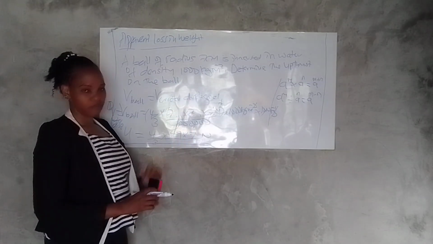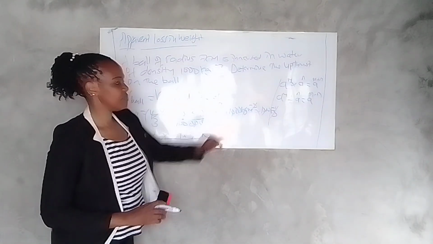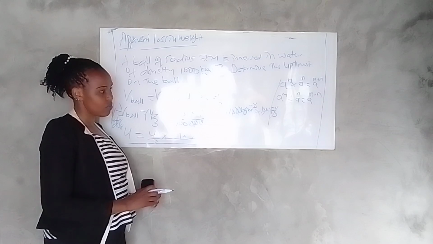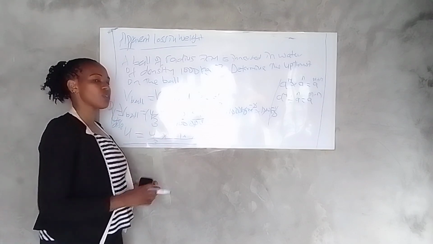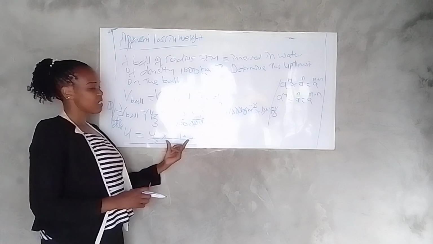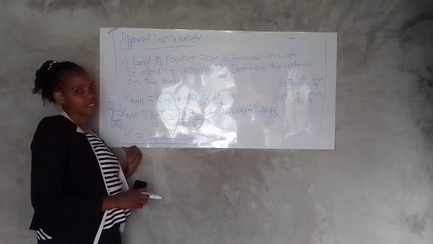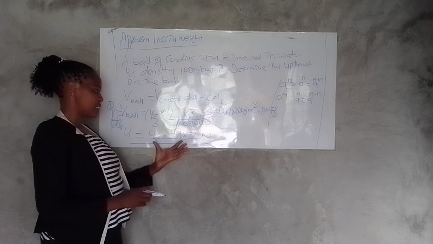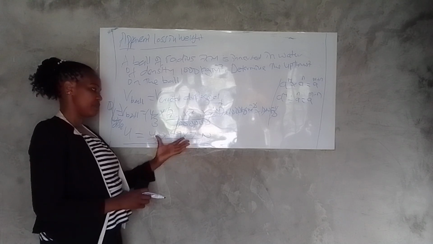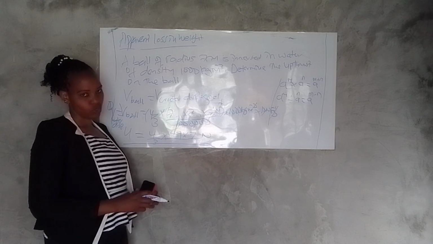The mass of water displaced times gravity, 10 newtons per kilogram, gives you the weight of the water displaced. And the weight of the water displaced is the upthrust. So the upthrust on the ball is 4 over 3 times 49 times 7 newtons.